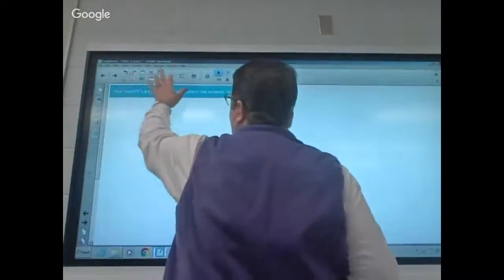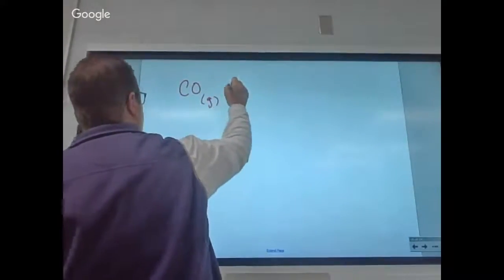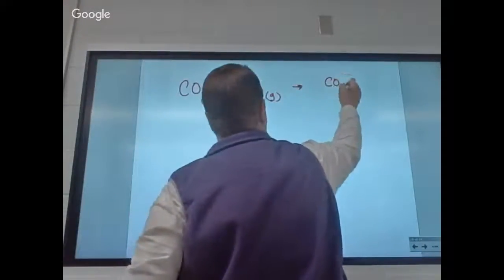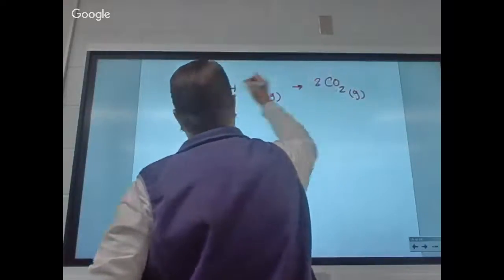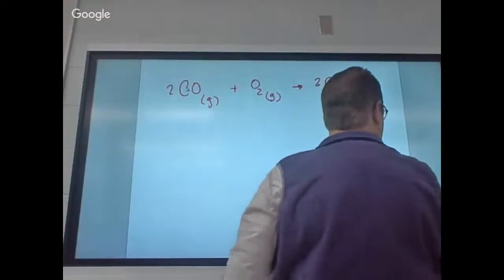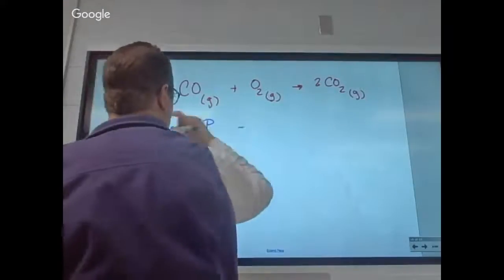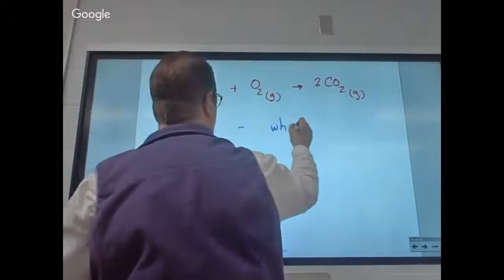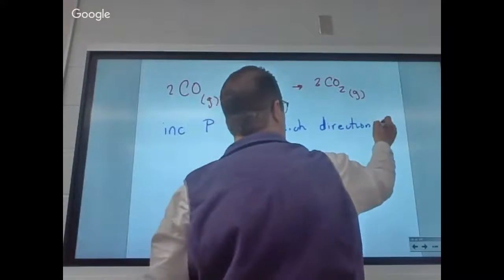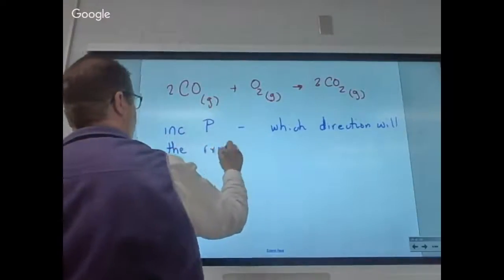So, on Friday, we said that if we have a reaction, such as this one, and I increase my pressure, we want to figure out which direction the reaction will shift.